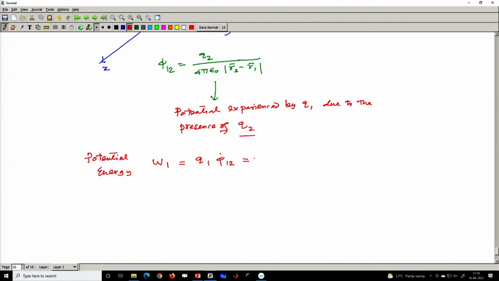So, it is simply q1 q2 divided by 4 pi epsilon 0 mod of r2 minus r1. This is the potential energy. This is for two charges that I calculated.